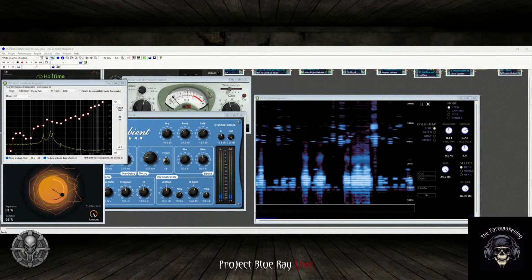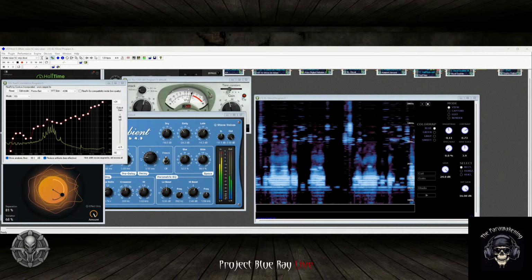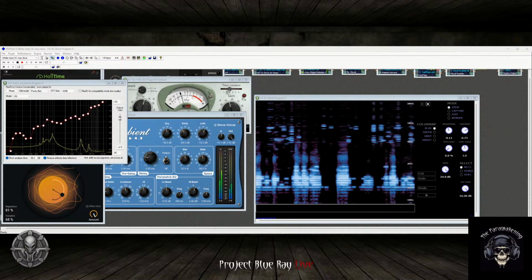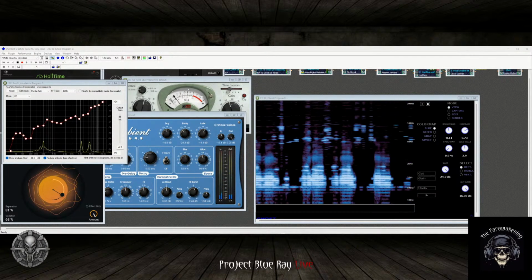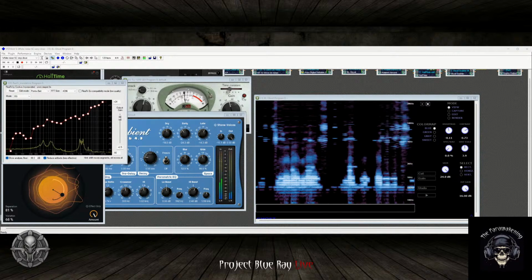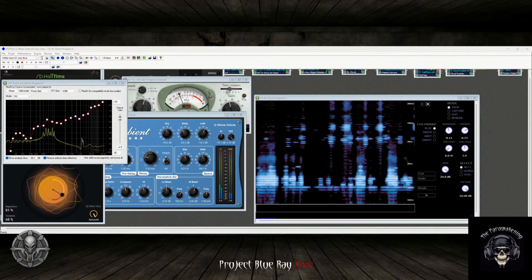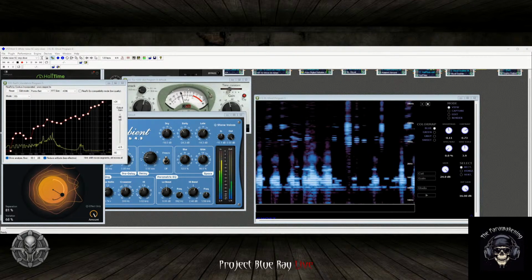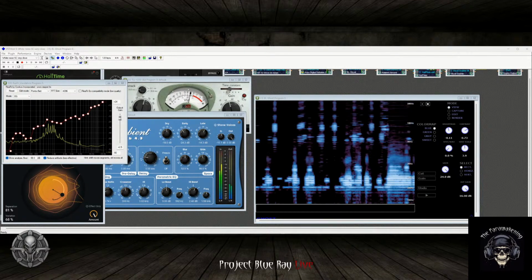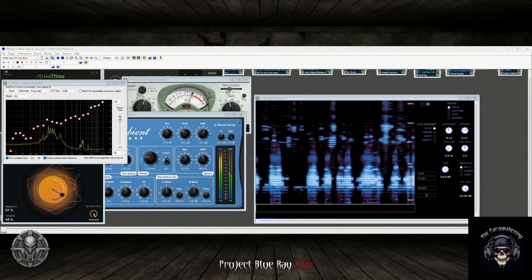So if you look at the graph on the left hand side with all the little dots, those are all the changes I have made. And the orange circle looking thing is the voice doubler, so you can change the pitch of the voice a little bit.